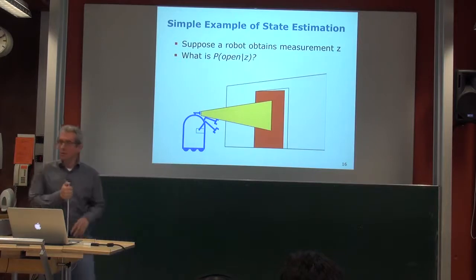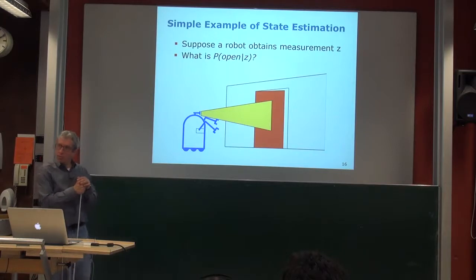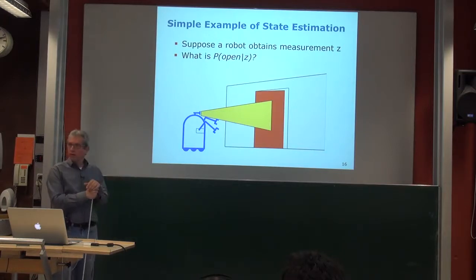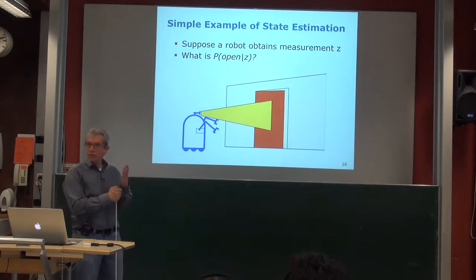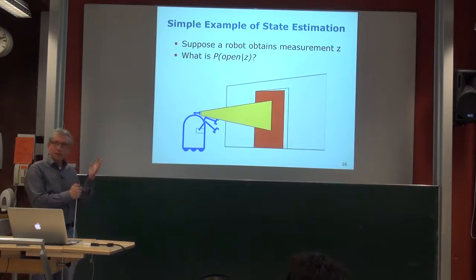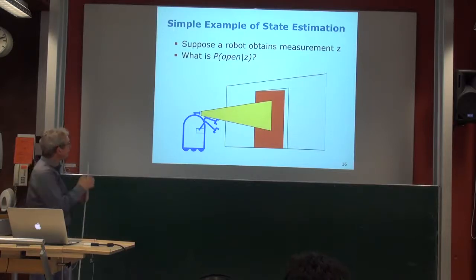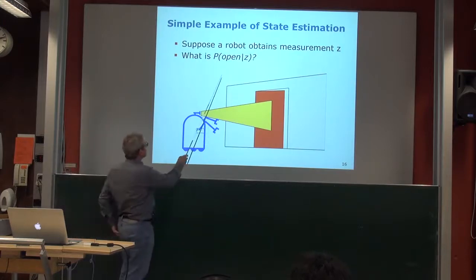As a robot lives in a non-deterministic world with respect to its sensors, it could be that in some case the sensor says, I think the door is open, and in another case the sensor reports that the door is closed even though it is open. So there might be errors, and what we are interested in now is making that reasoning.